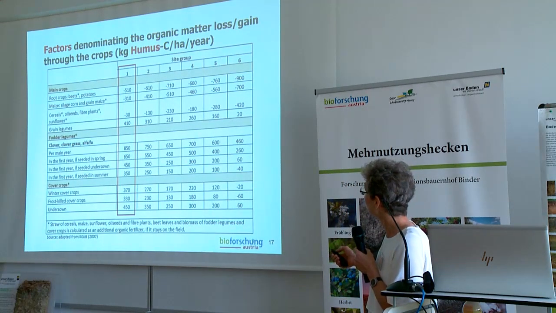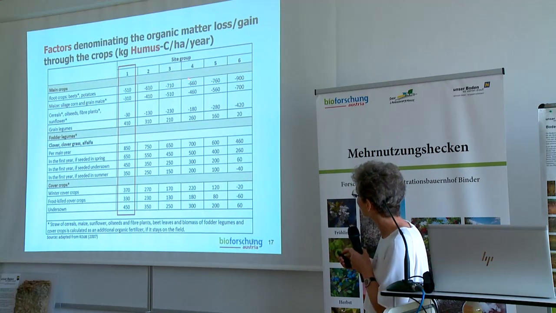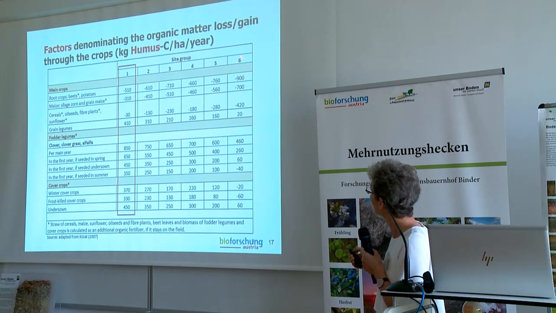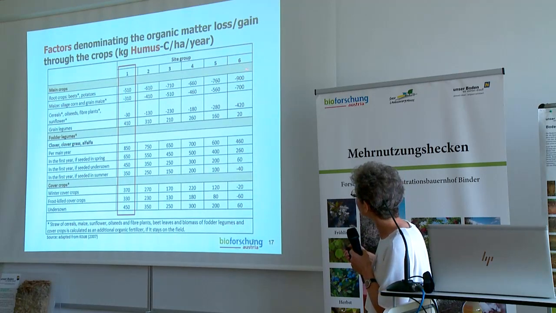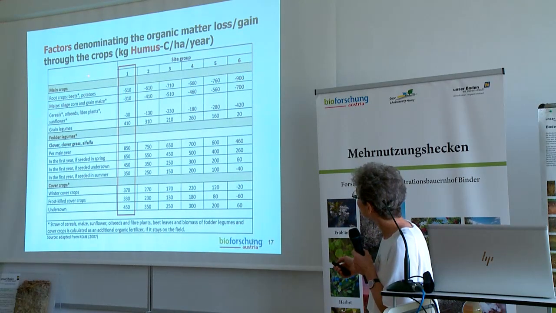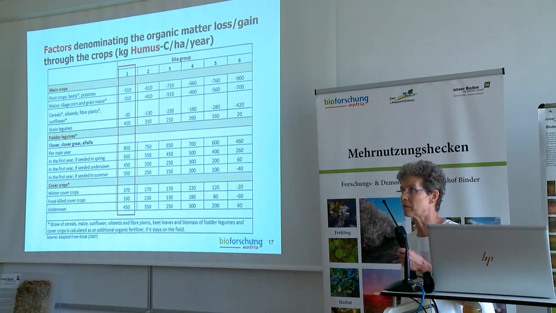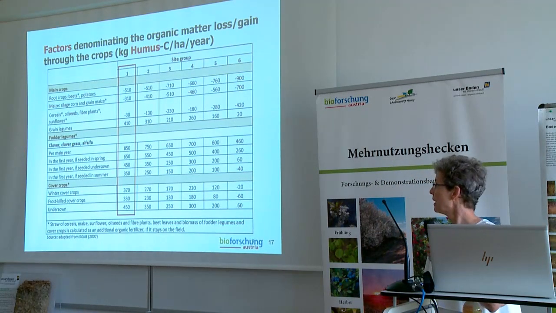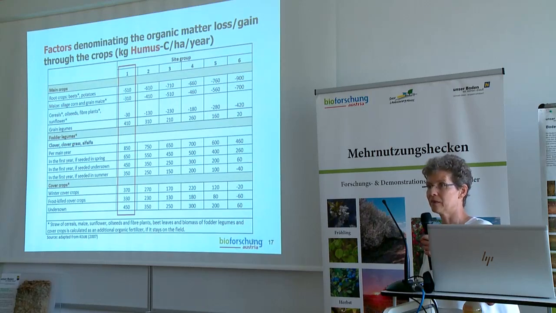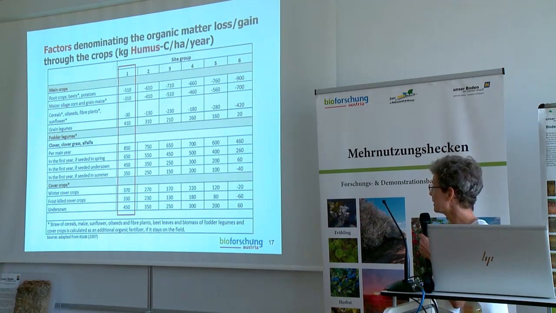And there are 6 different site groups, and in site group 6, 1 year of potatoes means a loss of 900 kilograms of humus carbon. And so it is important to choose the correct site group.